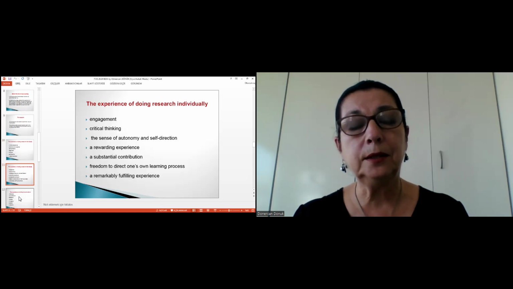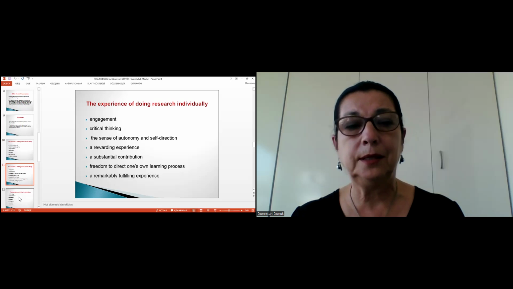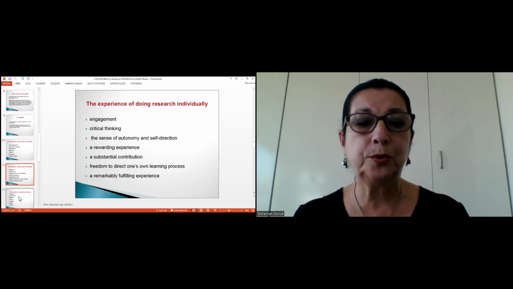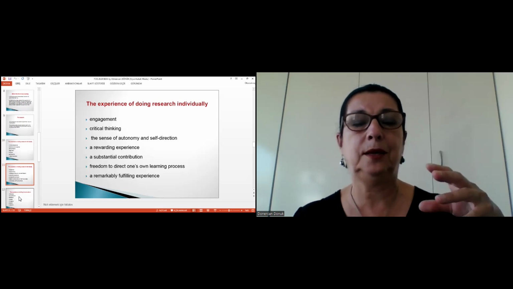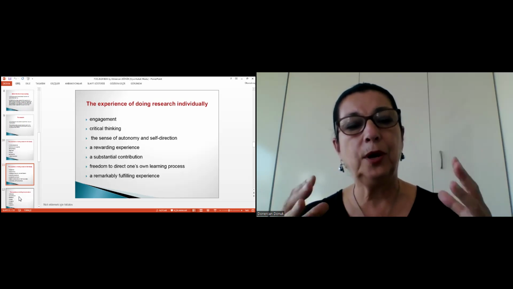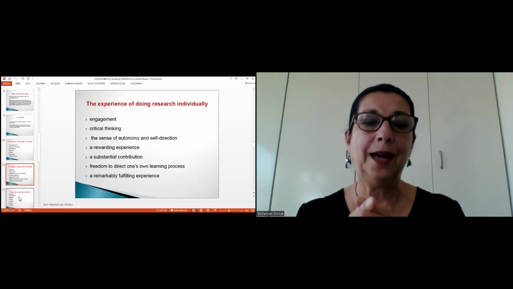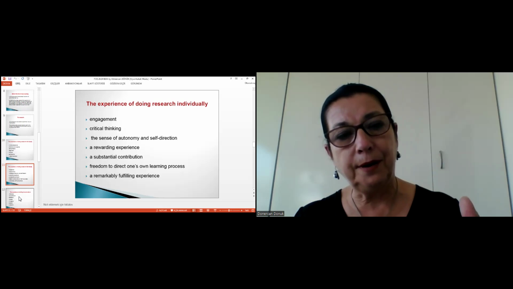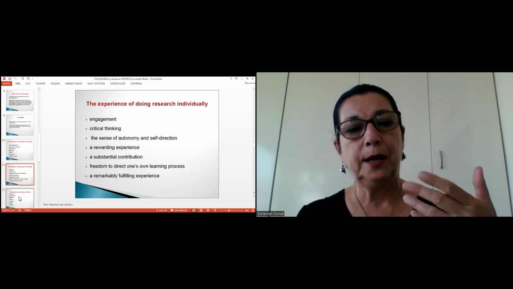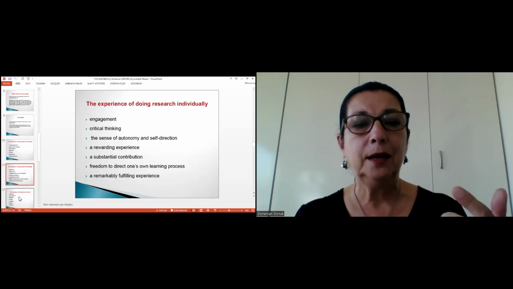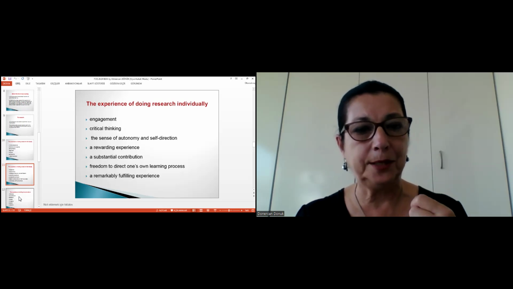And it was found that the experience of doing research individually also brought about engagement in some work. So they were able to focus on what they were supposed to do, and the findings were further supported, augmented by the mentor as well, which made them feel better.